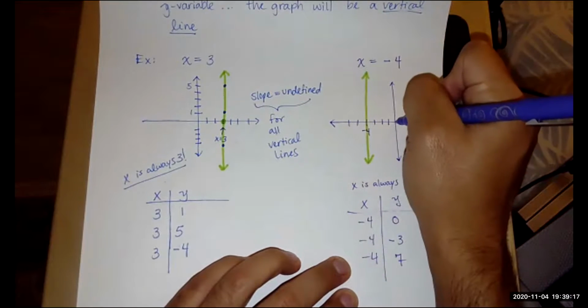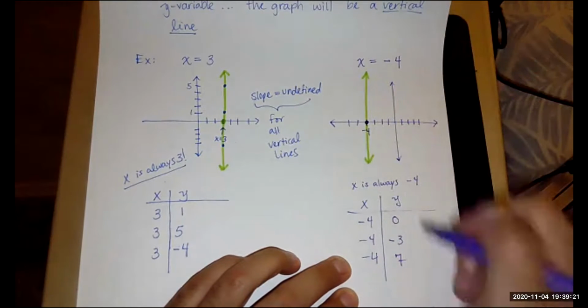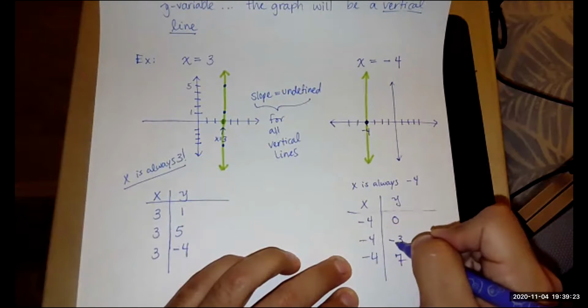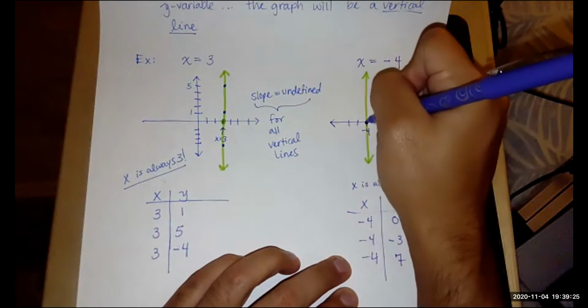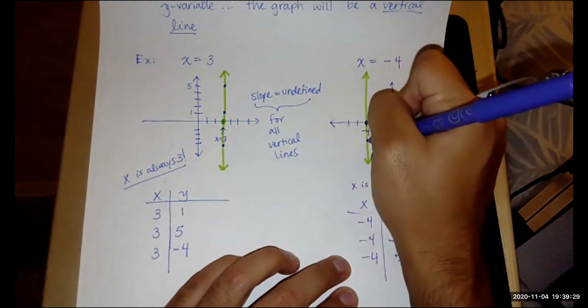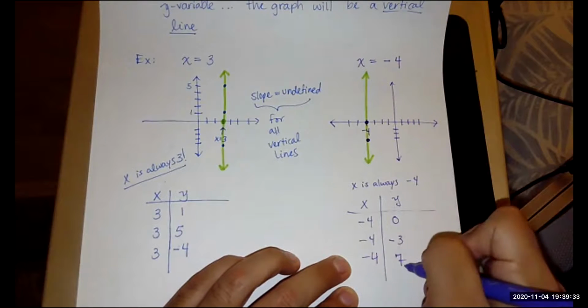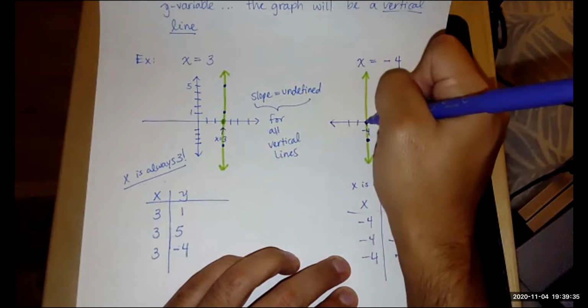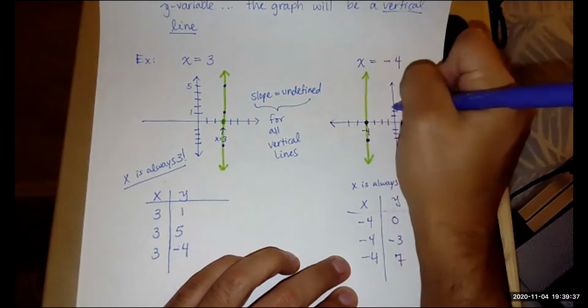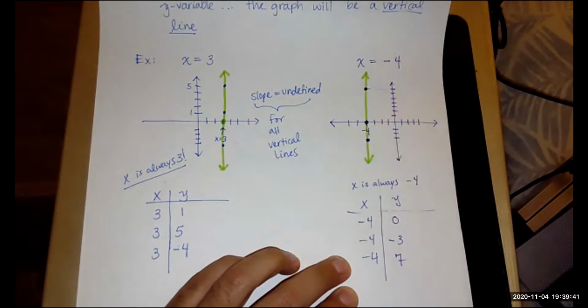So like I said, we could go 0 to negative 4. That's a point right there. Negative 4, negative 3. So I would go negative 4 and then down 3. So 1, 2, 3 right there. That's on the line still. And negative 4, 7 would be negative 4 and then up 7. So 1, 2, 3, 4, 5, 6, 7 would be like right here.